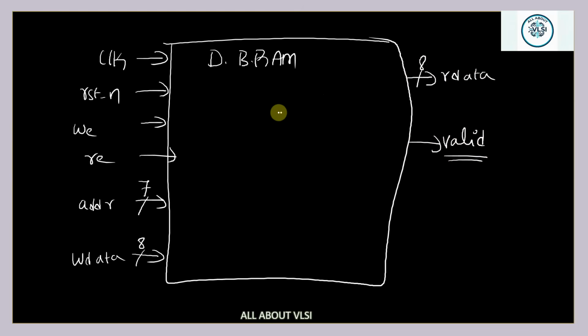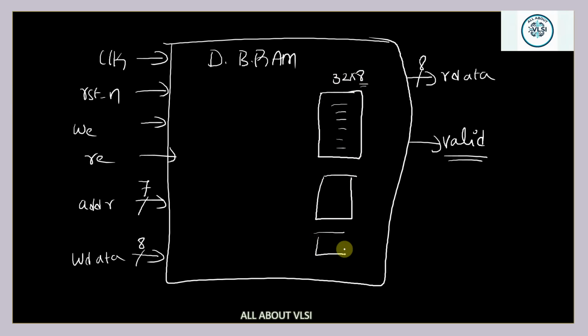Now, what is this internal decoder based RAM? This block diagram is going to have four blocks of 32 cross 8. That means 32 locations, and each location is going to have 8 bits. Like this, we have 4 blocks, 1, 2, 3, and 4. So 32 into 4 is nothing but 128.